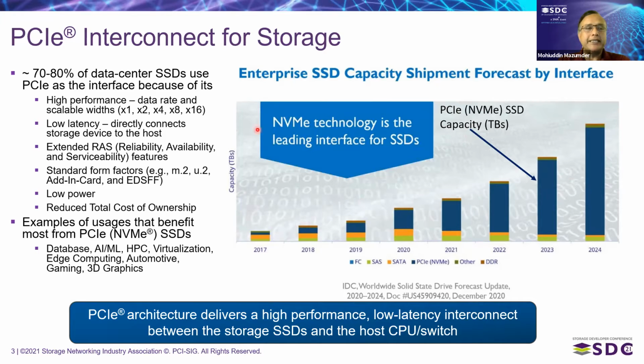And today, 70 to 80% of data center SSDs use PCIe as the interface because of its high performance, which is exemplified by the data rate and scalable widths available in by 1, by 2, by 4, by 8, by 16. The combination of those two gives the flexibility in terms of bandwidth.